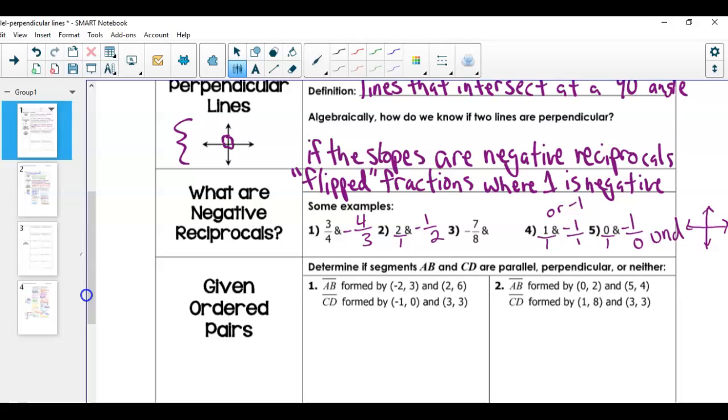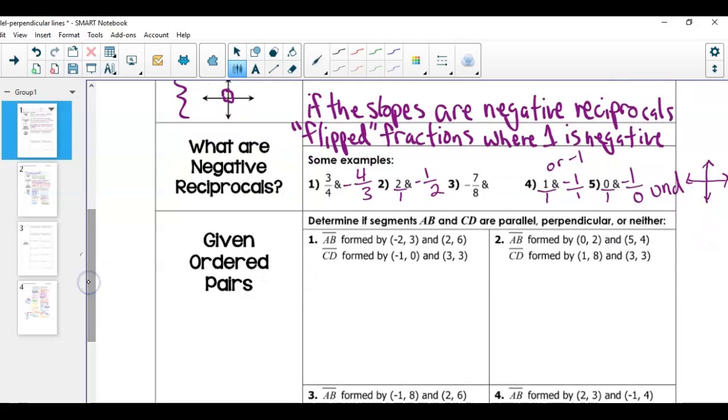Right? So now that we know what negative reciprocals are, now we're going to look at some points and see, are these two lines that these points are going to make parallel, perpendicular, or neither? Let's start with number 1. In order to determine this, we need to look at their slopes. So I'm going to go ahead and label these so that I can write my slope out.